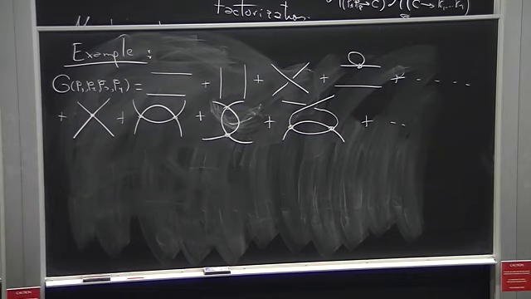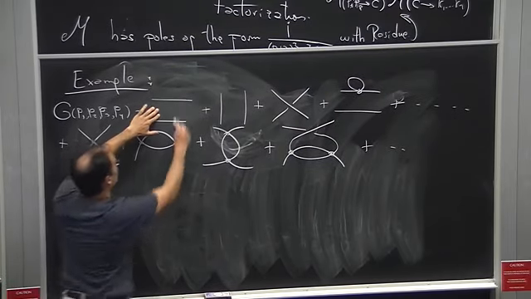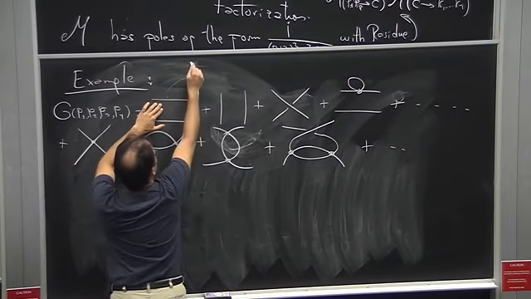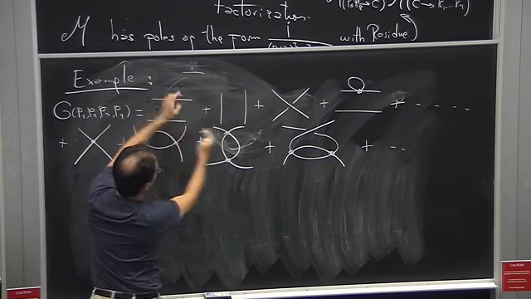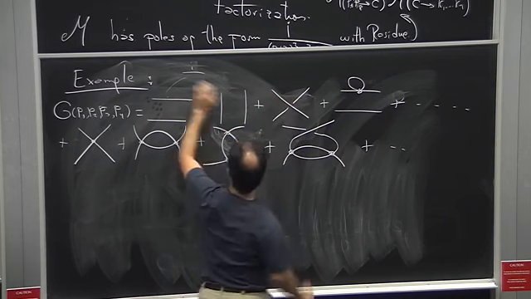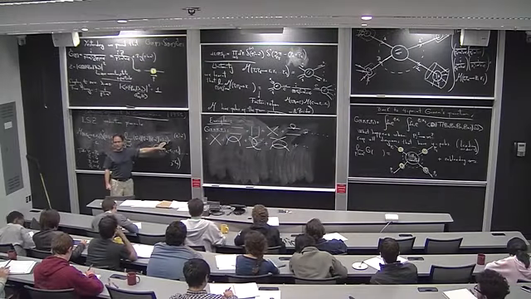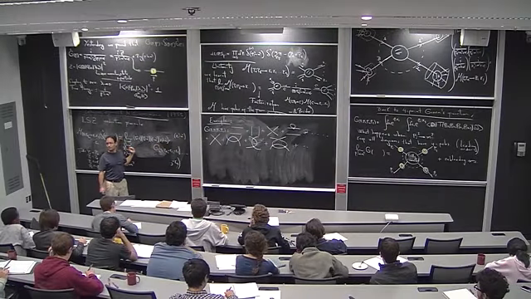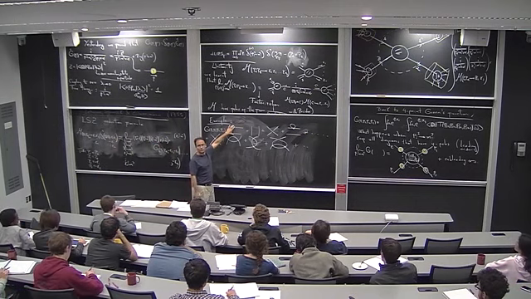Now, these guys ended up giving us propagators, but only these two propagators we get. Here we get two propagators as well. Here we get these two propagators. So what happens when we multiply by the 4 propagators and we take the limit? What happens to this guy? It's gone.